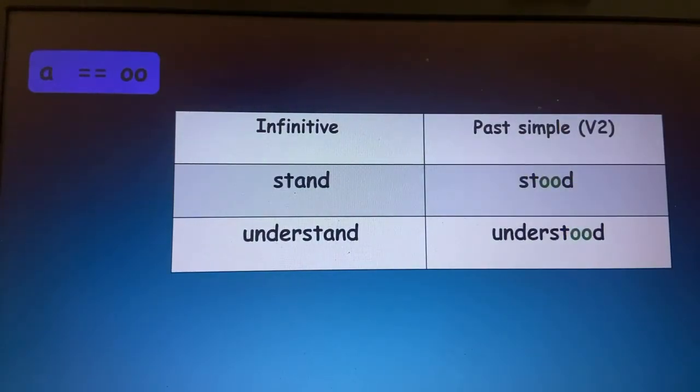Here, when we have the letter A, it becomes double O. We have these two examples. Stand, stood. Understand, understood.